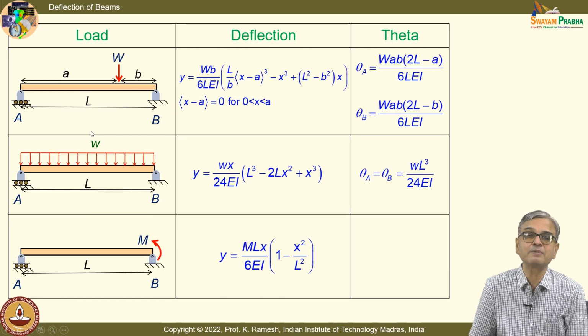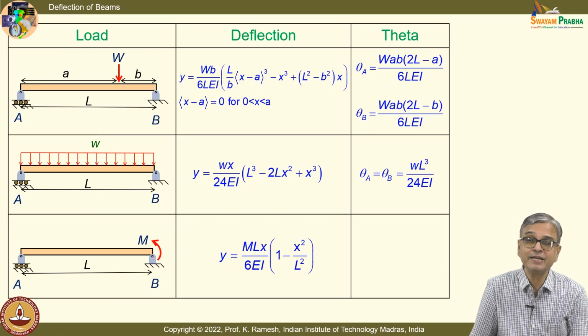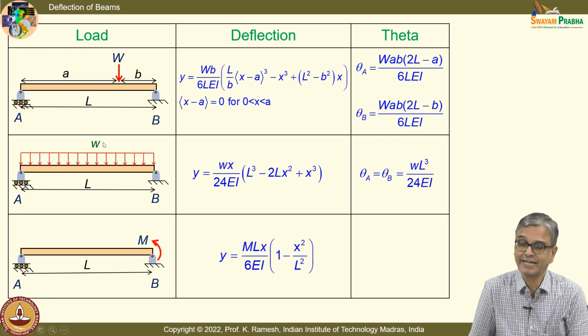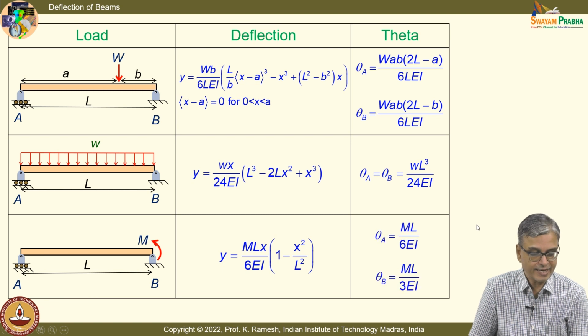That's again a very famous expression, normally we remember. It will be 5 by 384 WL power 4 by EI. It's again a very famous relationship. Okay. So you have this table also, you can take a photograph.